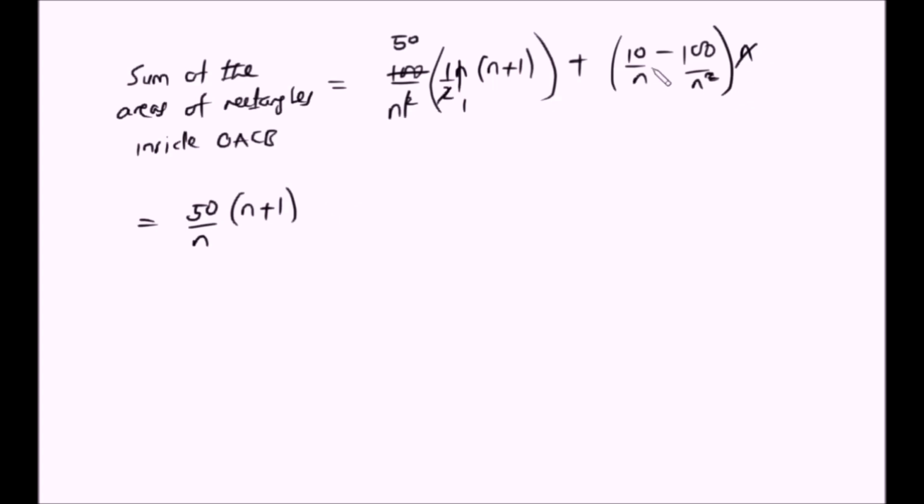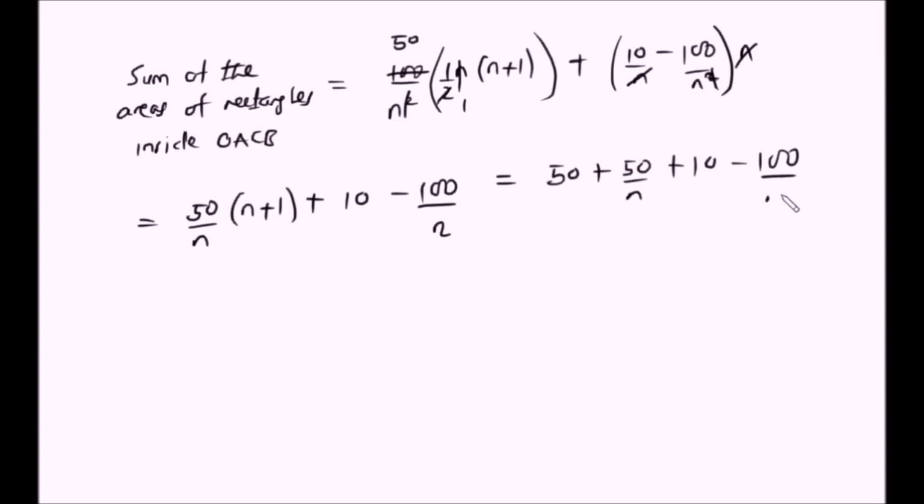So n naingiza ndani kwenda hapa inabaki n moja. So here we have plus 10 minus 100 over n. So let's simplify again this one. Ingiza 50 over n ndani, n na n tunaisha, tutabaki na 50. 50 over n times 1 nabaki na 50 over n. This one is plus 10 minus 100 over n.